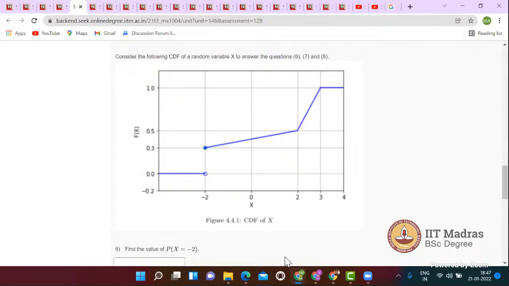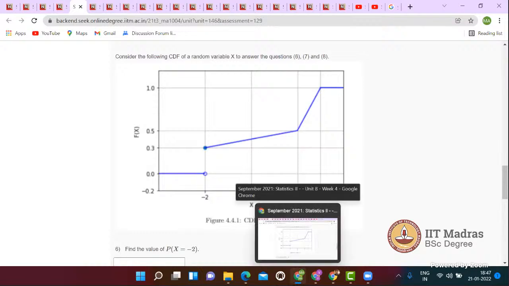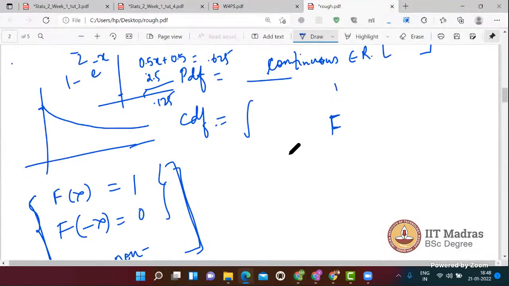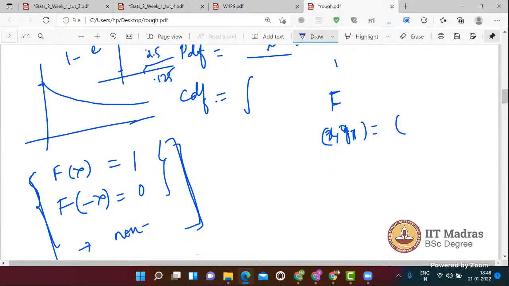What's the slope you are getting? 0.5. So x1 comma y1 was 2 comma 0.5, and x2 comma y2 was 3 comma 1.